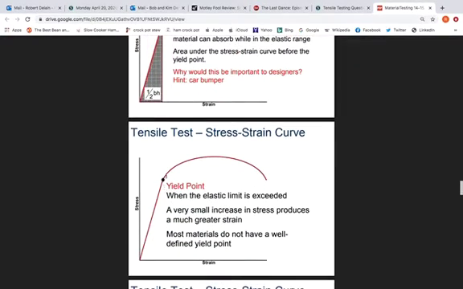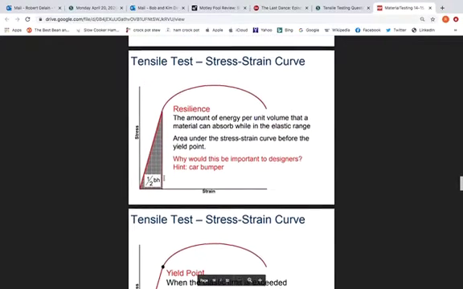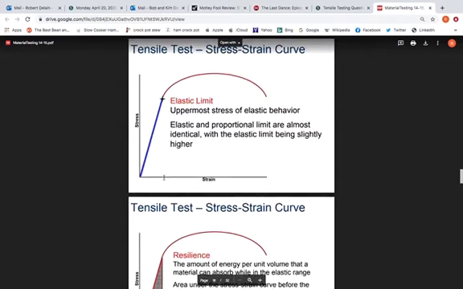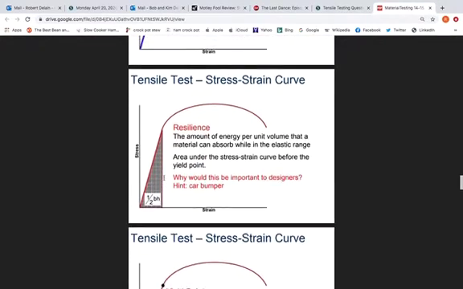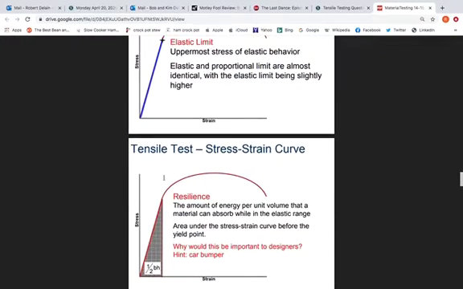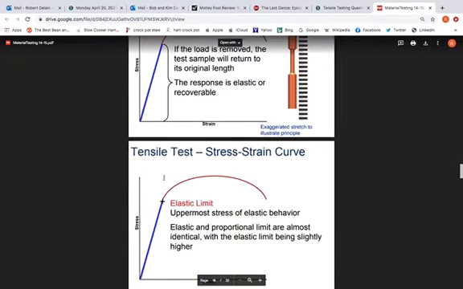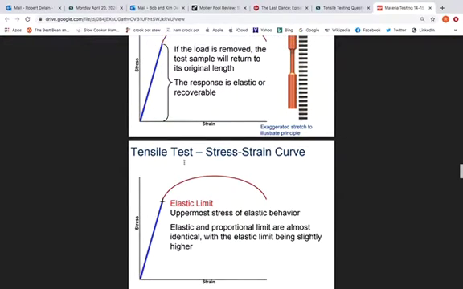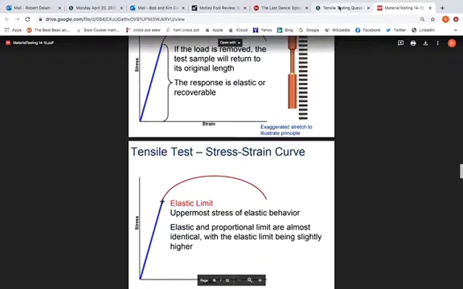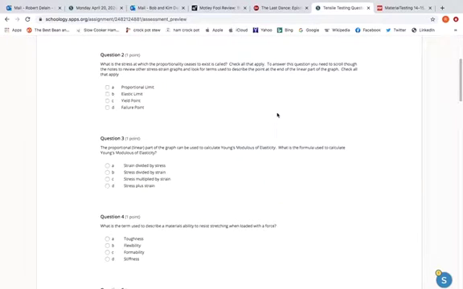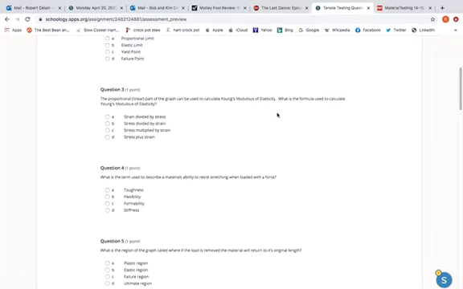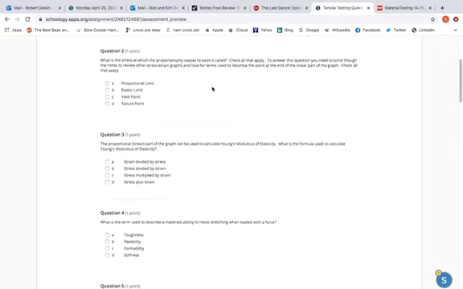It's also called the yield point, which is just a tiny bit past your elastic limit. Your yield point is when you're just past the elastic range, where it's going to start going into the curved range and start deforming, instead of going back to its original shape if you release the force. So you had two answers for that one.